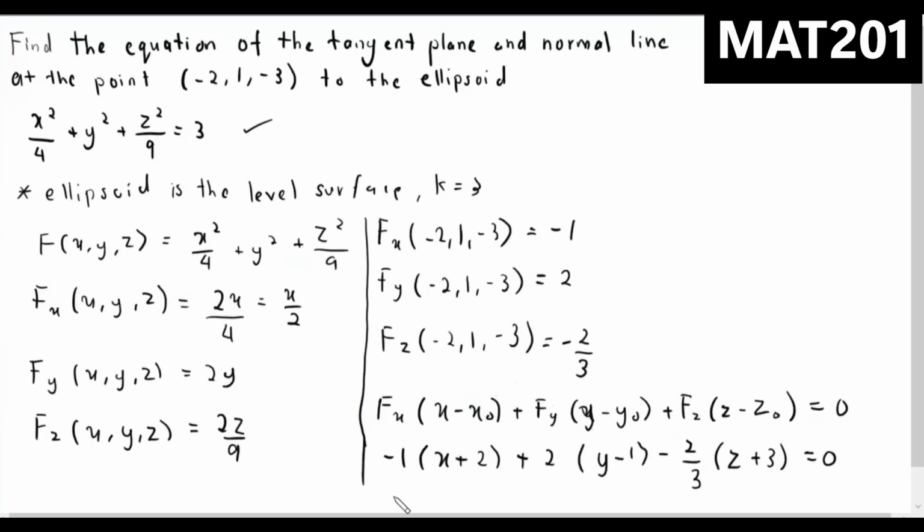Simplifying, you get 3x minus 6y plus 2z plus 18 equal to 0.